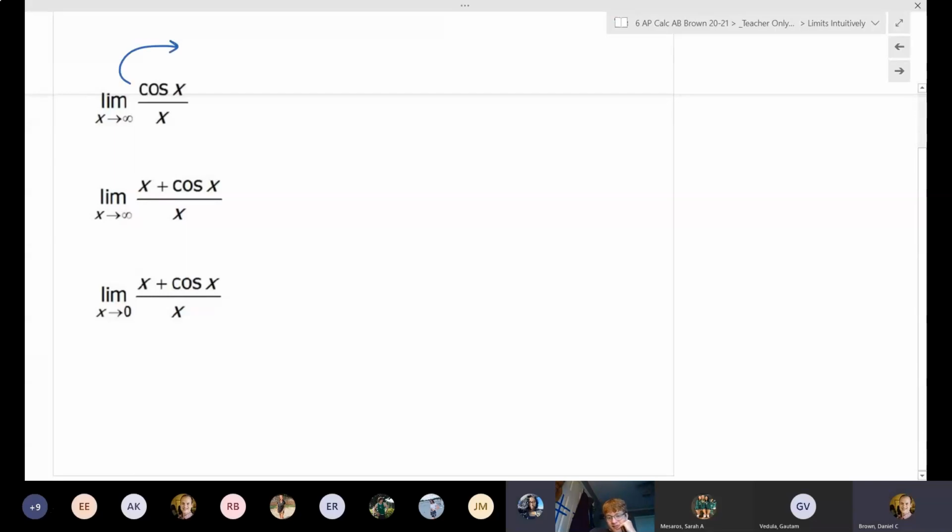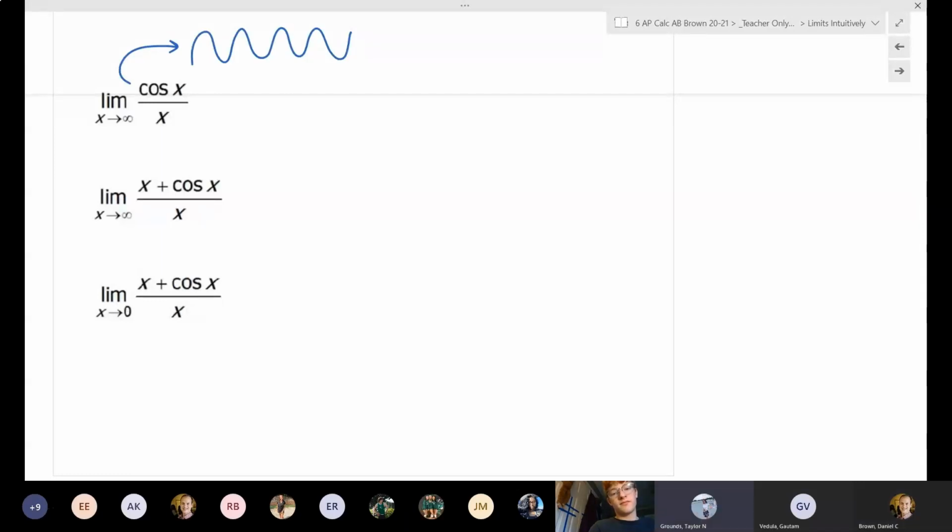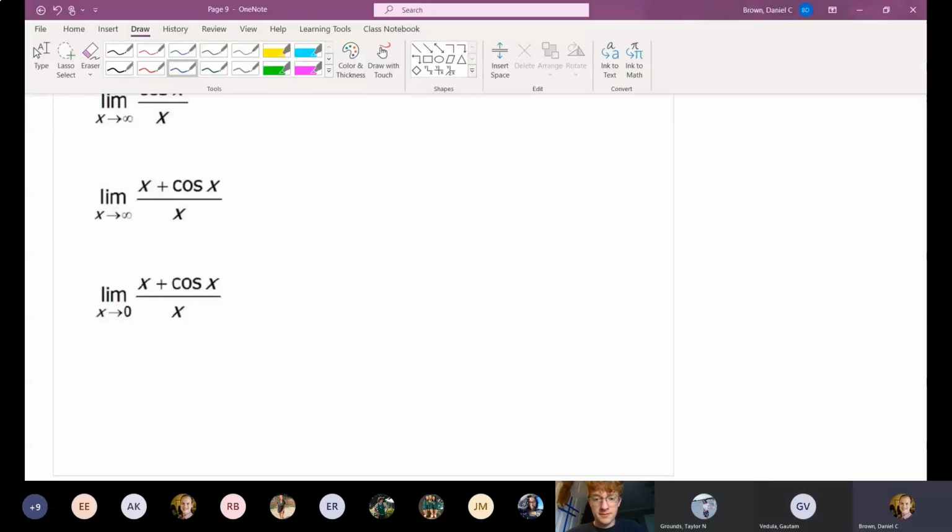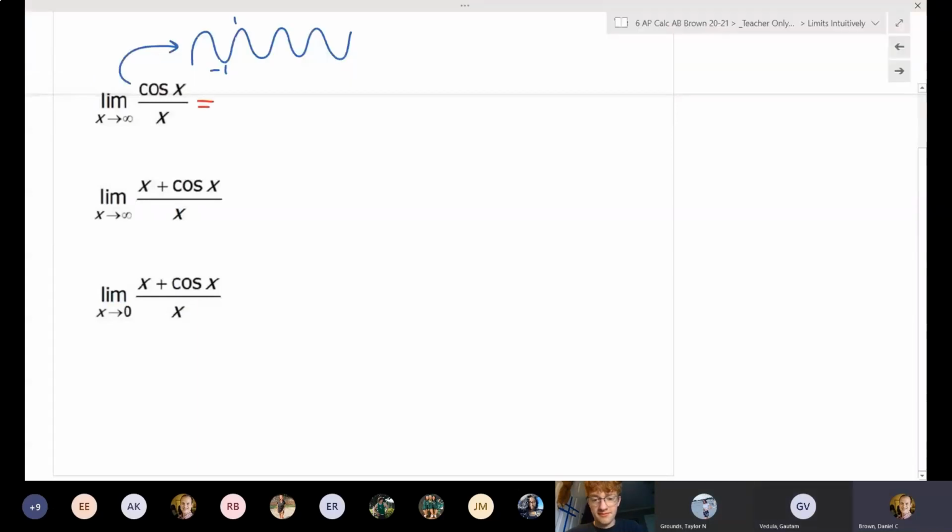It's oscillating, so we know it looks like this. What's the biggest and smallest value cosine of x could be? 1 and -1. So it is bouncing between 1 and -1, and I can use that idea to help me answer this question.